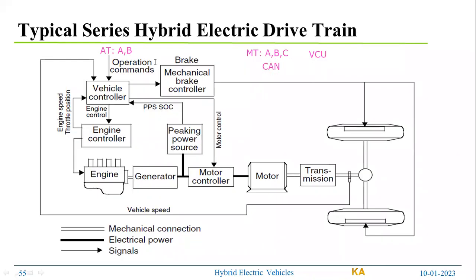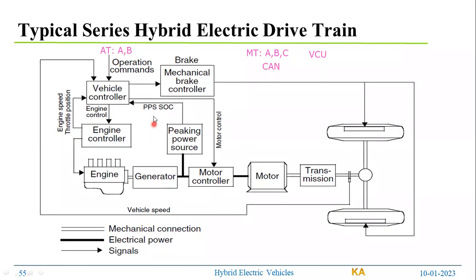So if the vehicle controller sees that the battery has enough SOC, state of charge, meaning the remaining energy to drive this motor, then the vehicle controller sends the information to the motor controller to get the power from the peak powering source and drive the vehicle in electric only propulsion. If not, it will see what amount of power is required from the engine controller, then it will assign the engine controller to provide the required support to the battery to drive the motor.